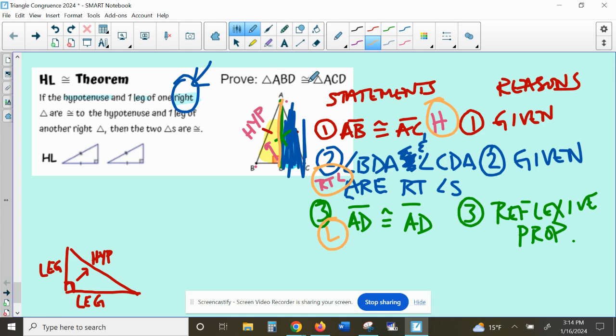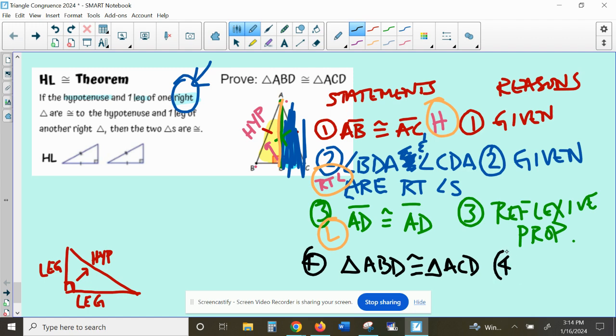So that means that I can prove these two triangles congruent to each other. So I can say that triangle A, B, D is congruent to triangle A, C, D. And my reason is hypotenuse, leg.